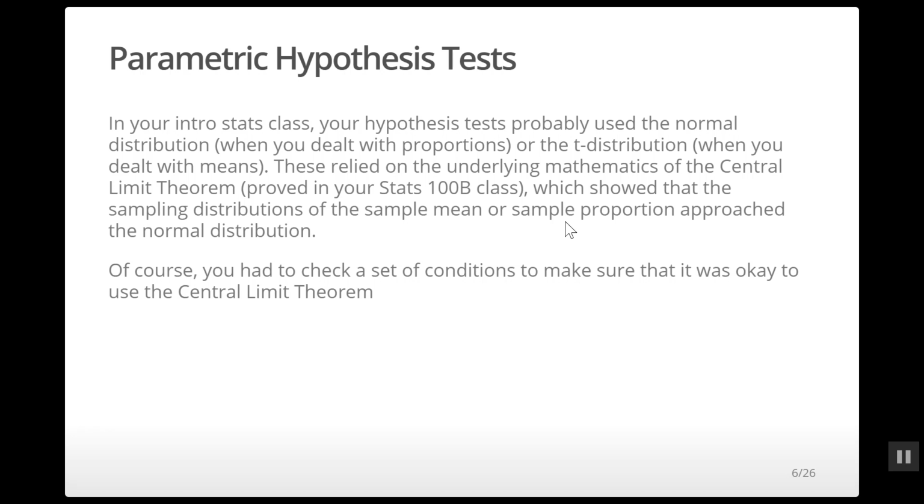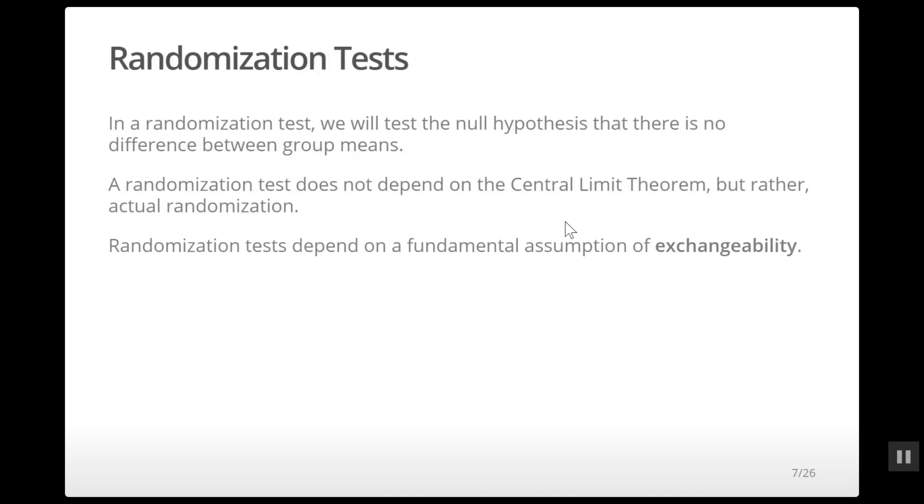Okay, and so we call these parametric hypothesis tests because when we think of a normal distribution, how do we define a normal distribution? We define them with two parameters, the mean and the standard deviation. And so we call these parametric hypothesis tests. If we're going to take a computational approach to this, we're going to say, I don't want to deal with the math.